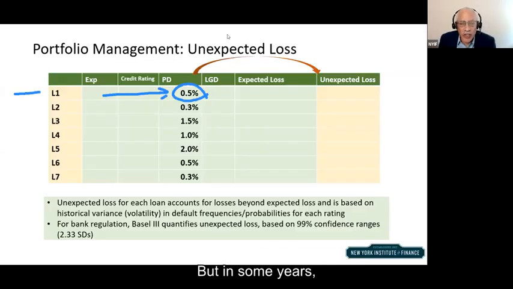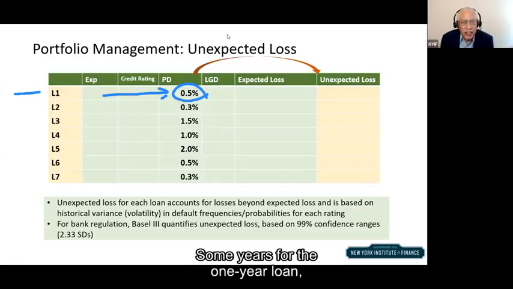But in some years, the probability of default can be much higher, and some years it could be lower. Over that 44-year period we looked at in the Moody's example, that was an average. Then in some years, whether it's a 1-year loan or a 5-year loan, the default frequency was much higher.